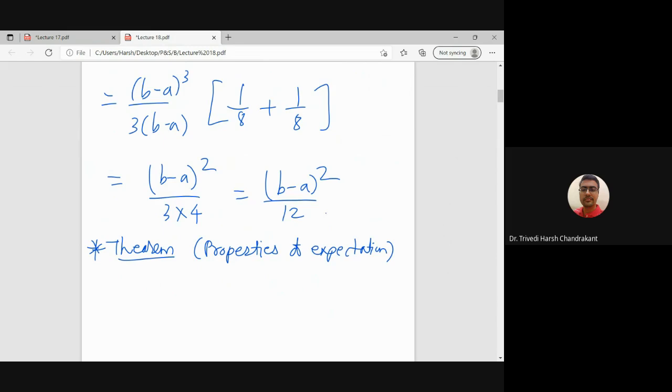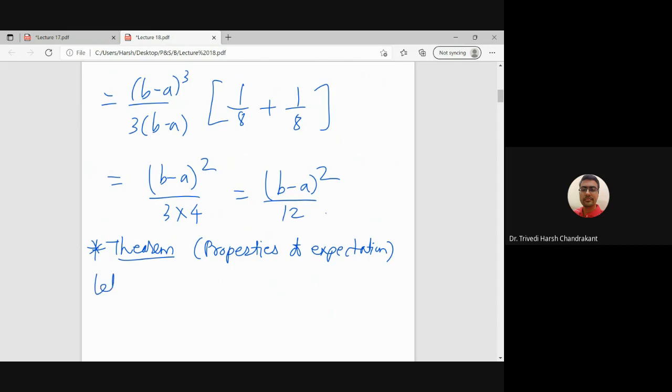And integration is a linear operator: the integral of 2x plus 3 is essentially 2 times the integral of x plus 3. So using the linearity of integration, we'll show that expectation is linear.